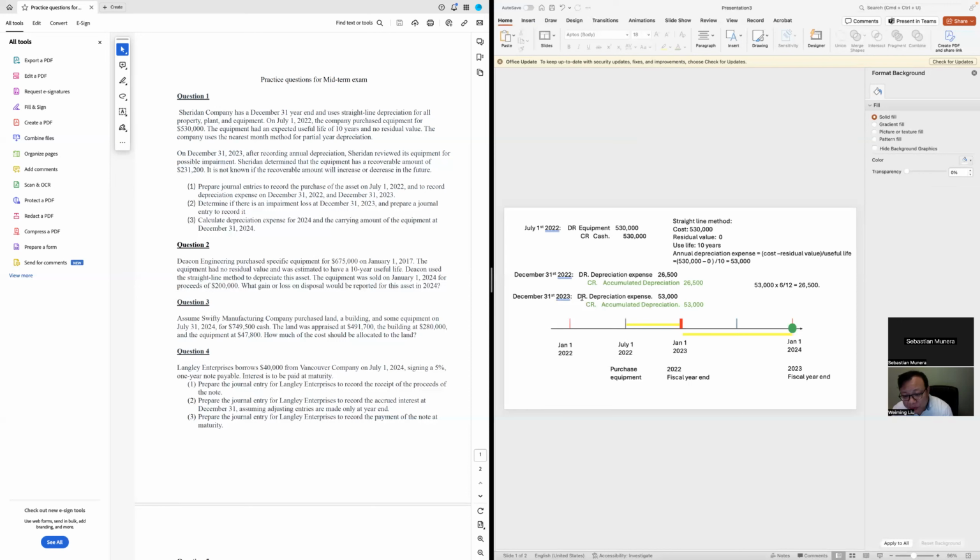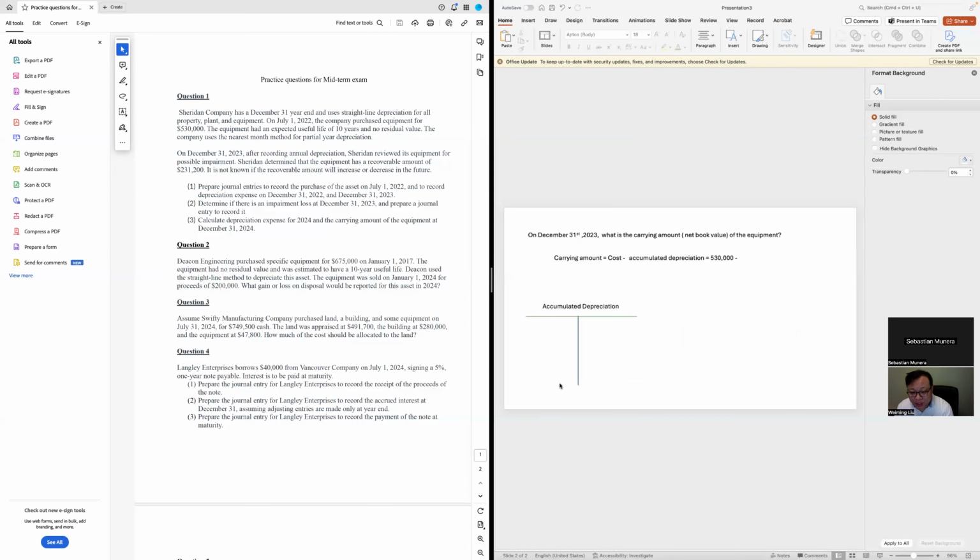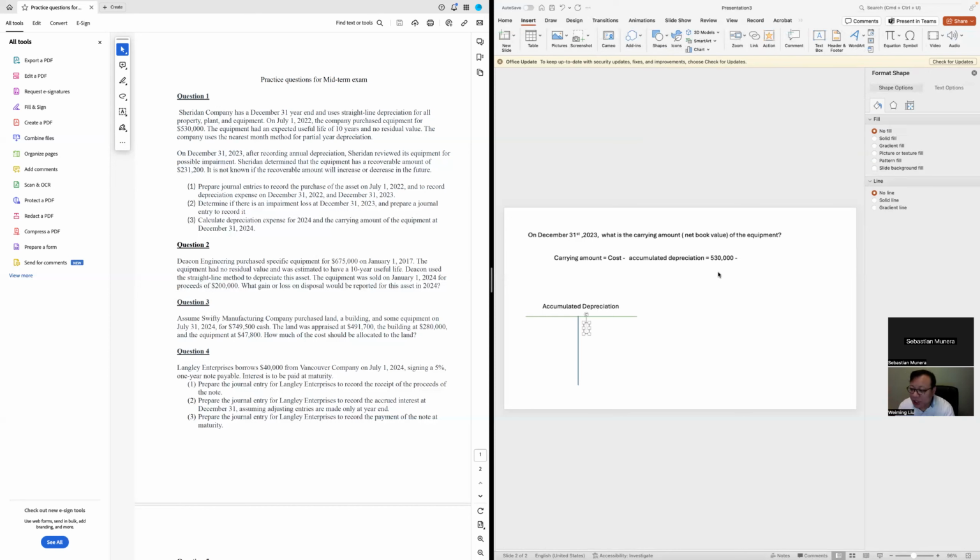On December 31st, 2023, I credit this account for 53,000. Reflecting this to the T account, I put the balance on the right side, credit.